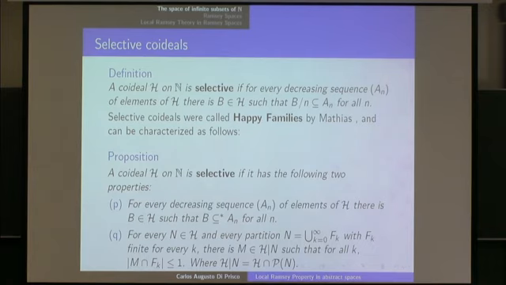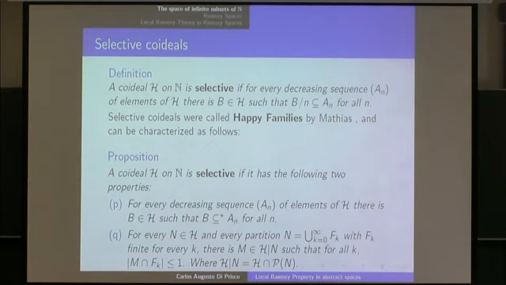So what Matthias called the happy family is a coideal H on the natural numbers, which is selective. Selective means that it admits diagonalizations in a very precise sense.